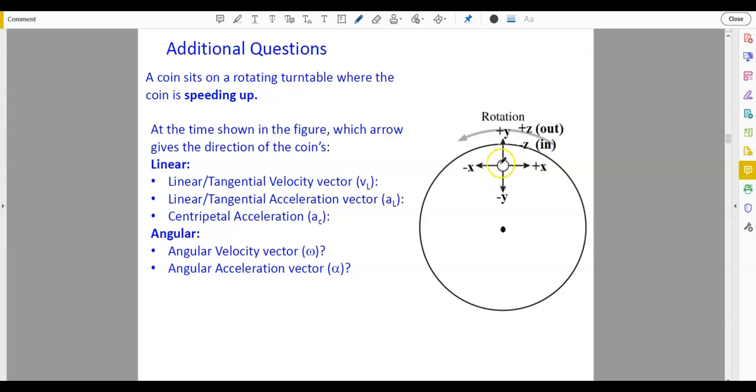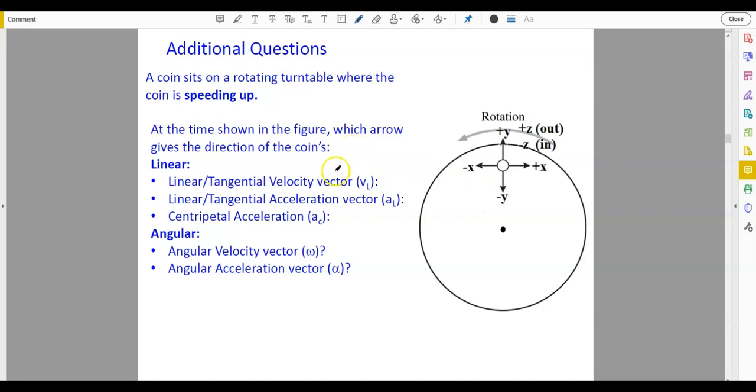So we're going to have to answer a bunch of questions regarding this in terms of linear and angular quantities for a coin that is glued to a turntable that is speeding up, at this instant.